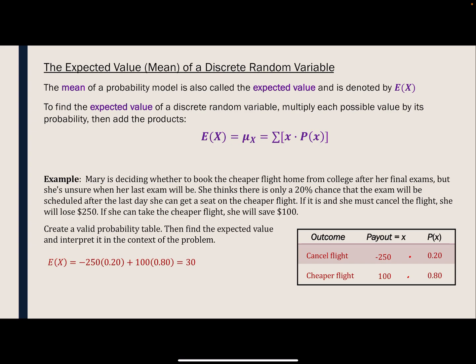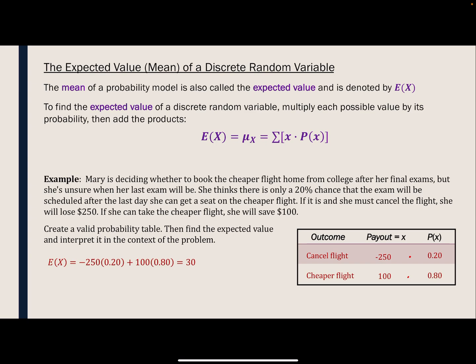What does this mean? Well, first, it means that she's expected to save money. So that's good. But notice that in her circumstance, it's either one or the other. She's either going to lose $250 or make $100. In none of these instances is she actually going to make $30.